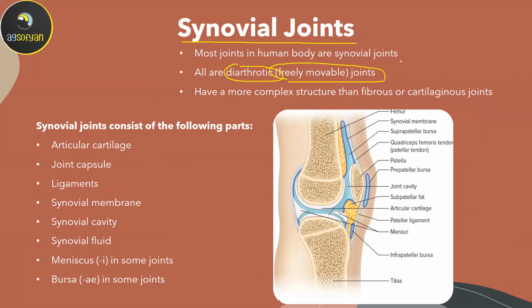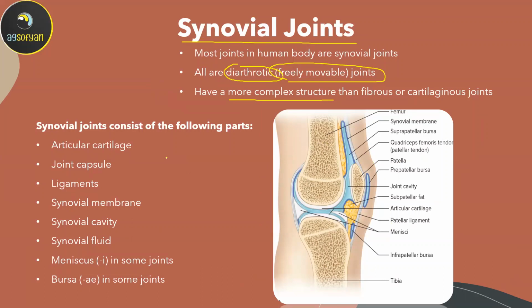For example, the joints in our shoulder, the knee and the elbow, we can move. There is freely movable joints in that area. This is what we call the synovial joint. It has a complex structure, and it also has additional structures that make this joint stronger.